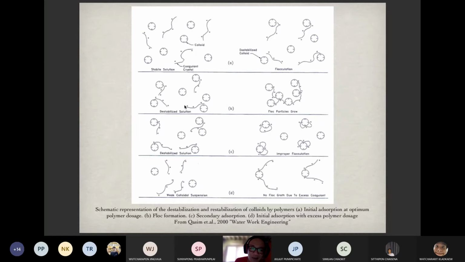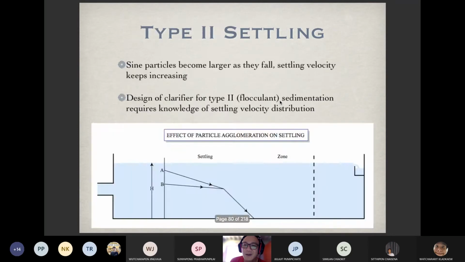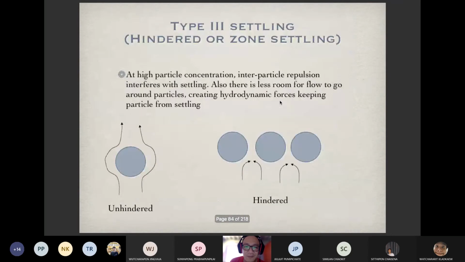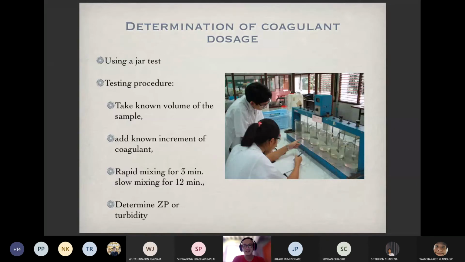So this one is coagulation. This one is the flocculation. So there are two processes that occur subsequently. Then, why do we need to do the jar test?